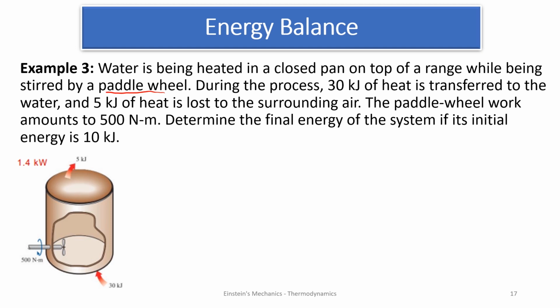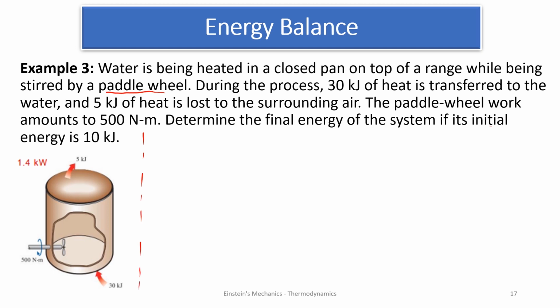The paddle wheel work amounts to 500 Newton meter. Determine the final energy of the system if the initial energy is 10 kilojoule. This is similar to the example 1.